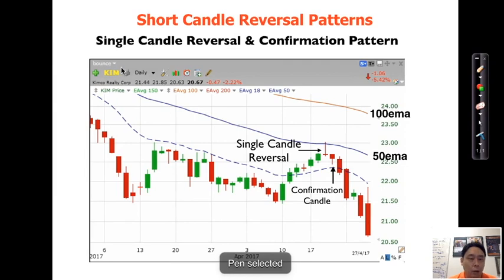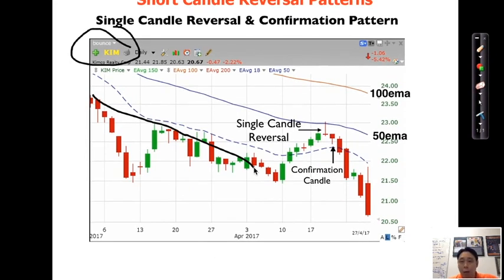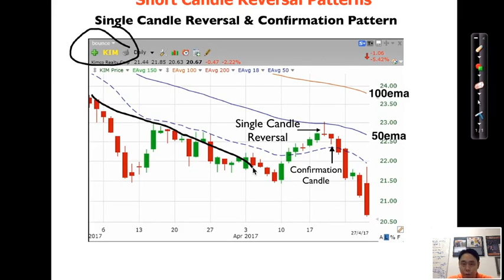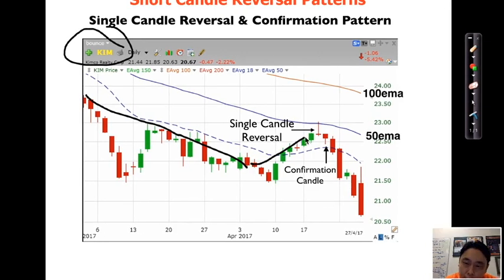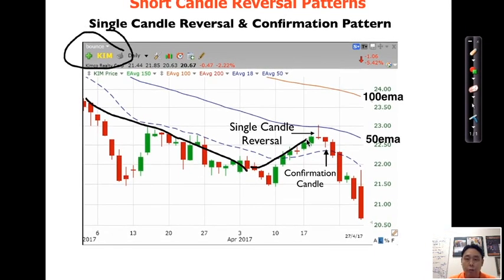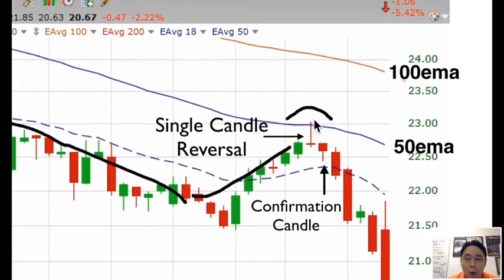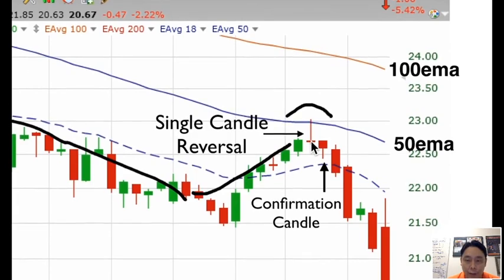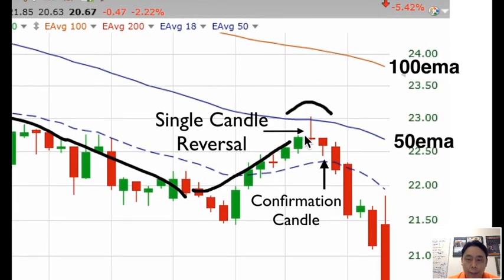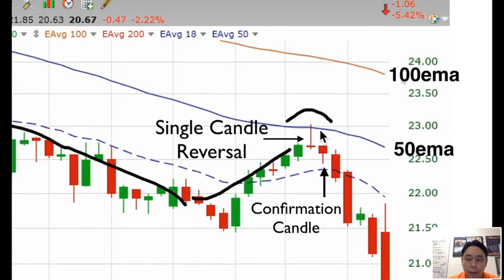So here's an example on the stock Kim. The price is going down. It's riding the downtrend, and it retraces, rallying to the 50 moving average. Can you see it hits the 50 moving average with a single candle reversal? Is the body below the moving average?